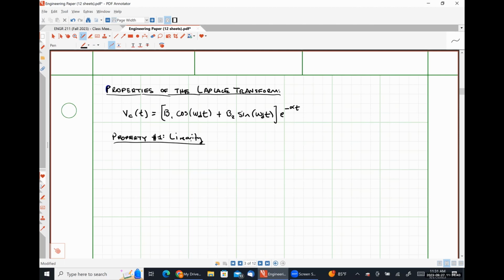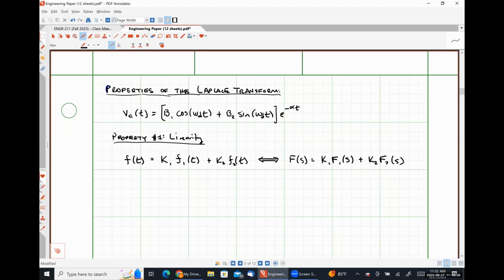So if we have a generic function f of t that could be expressed as k1 times some function f1 plus k2 times some function f2, the Laplace transform of this is going to be k1 times F1 of s plus k2 times F2 of s.